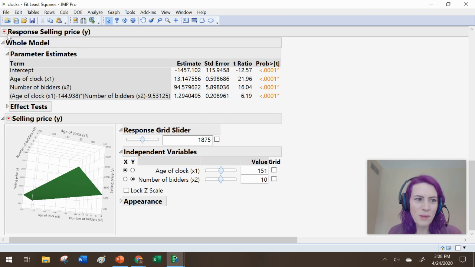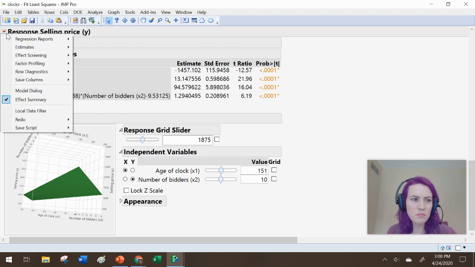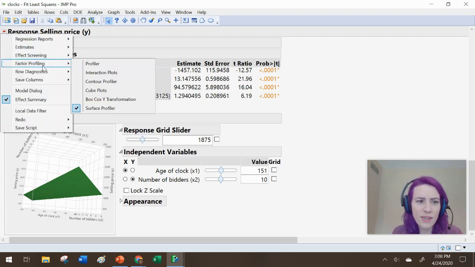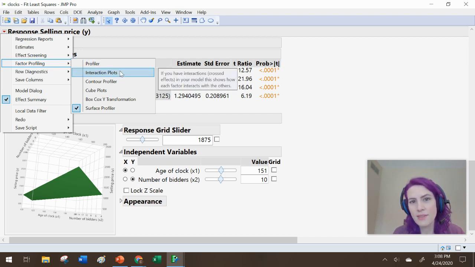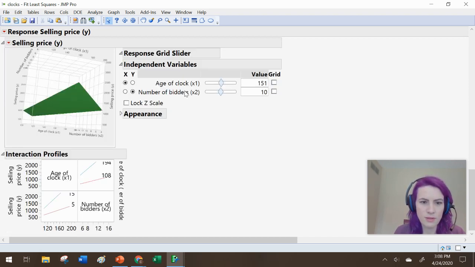Let's go back up to the top red triangle, go to factor profiling again, and this time pick interaction plots. This will help us visualize the interaction. If it's a little small, you can grab it in the corner and make it bigger, easier to see.